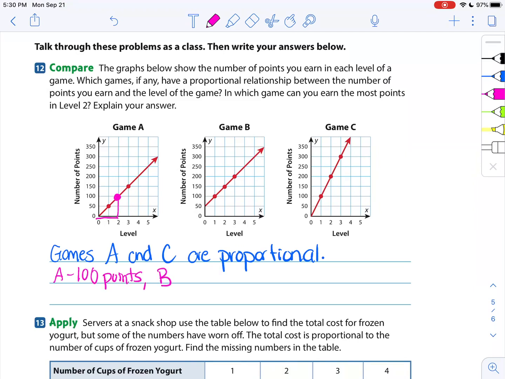In game B, if you go over to level 2 and up to the line, you can earn 150 points. In game C, if you go over to level 2 and up to the line, you can earn 200 points. So in game C, you can earn the most points in level 2.